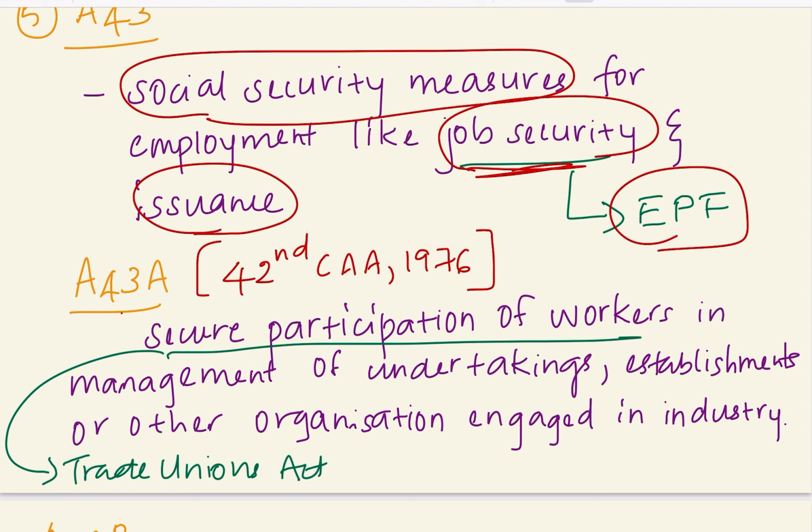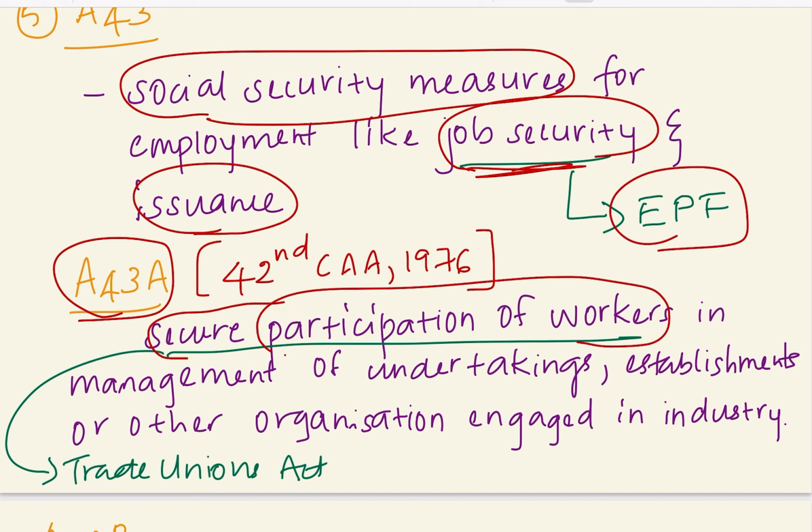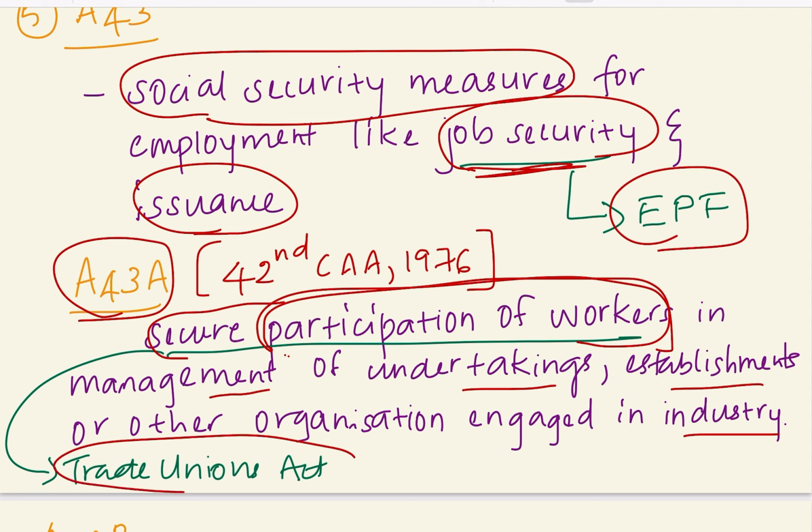Next we have Article 43A. Article 43A says there has to be secure participation of workers in the management of undertakings, establishments or other organizations engaged in industry. For this reason, there is something called the Trade Unions Act. If we see this Article 43, it has got some addition, that is Article 43A. This alphabet is added to Article 43. That means Article 43 was amended.